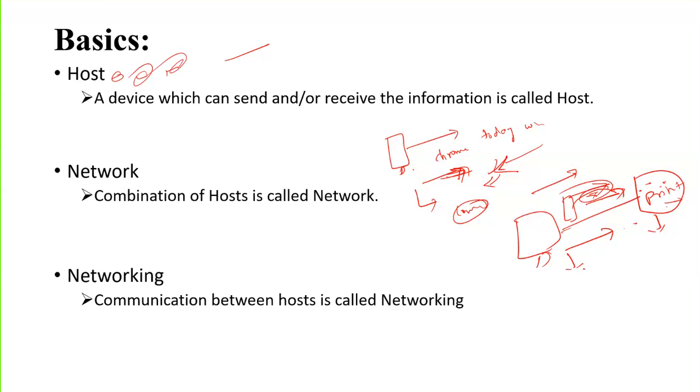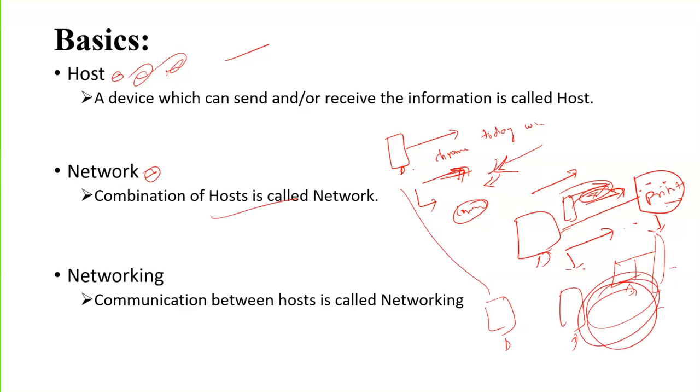Yeah, it's clear. So this is the terminology called host. We have one more thing called network. The combination of hosts is called a network. Consider a mobile or a computer. In the demo class we discussed that if you have many users in the organization, they need access to a printer, server, or scanner, so they are connected together, right? A combination or connecting of multiple devices is called a network.